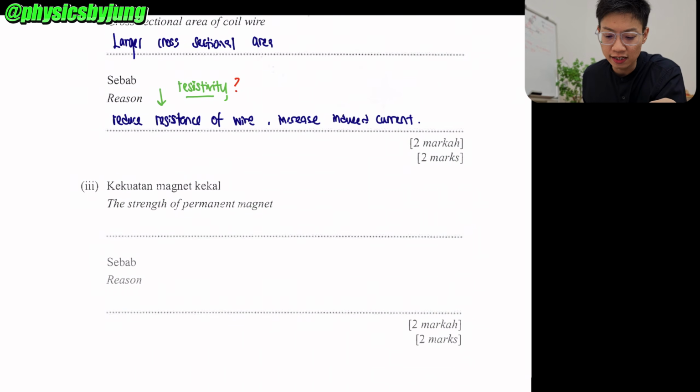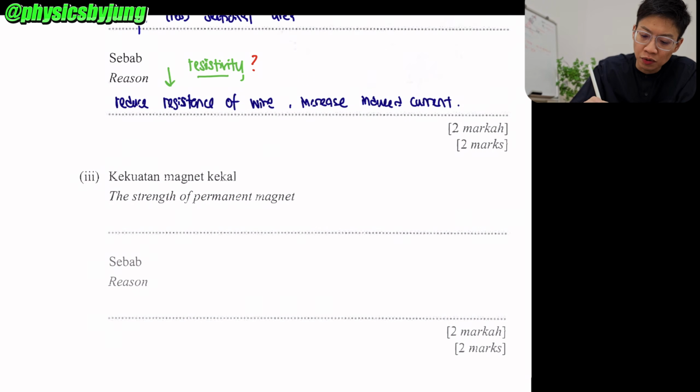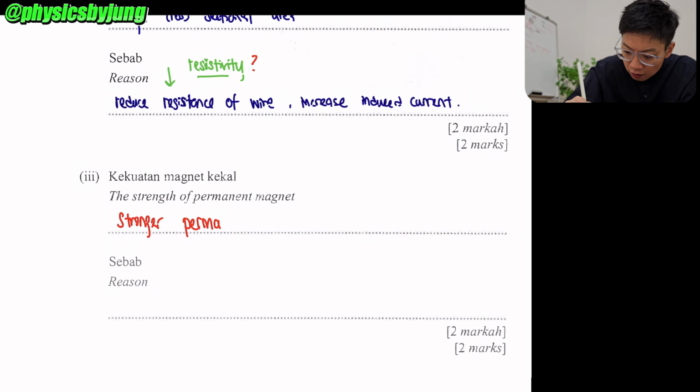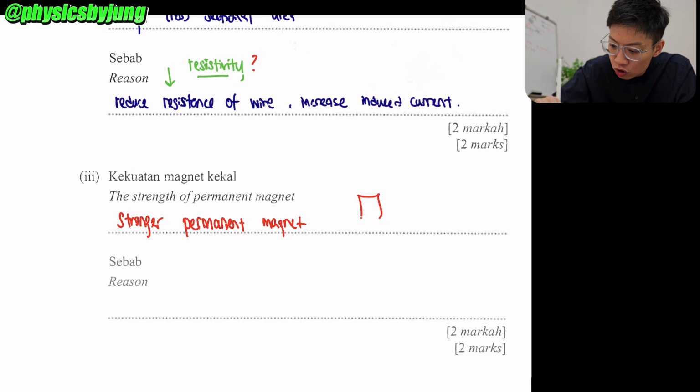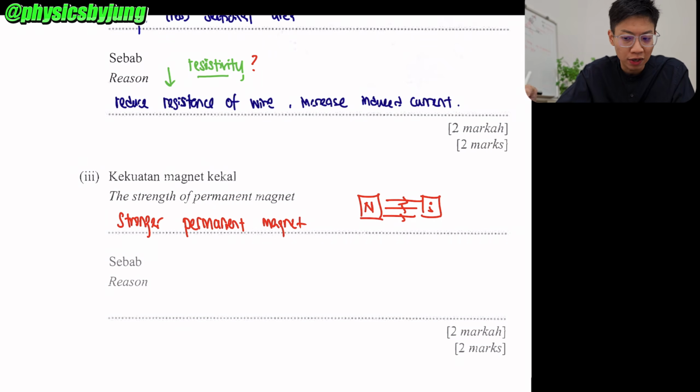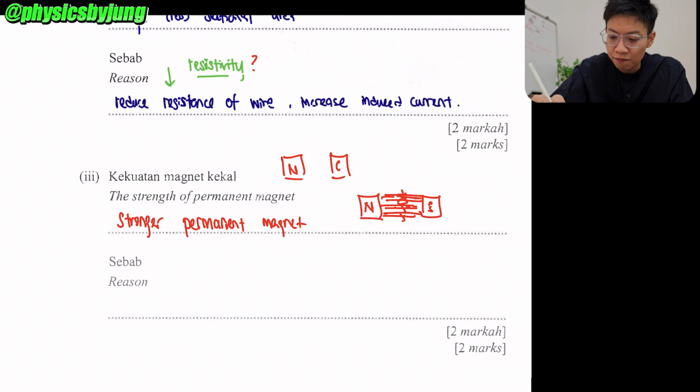And then next is the strength of the permanent magnet. So obviously we want a stronger permanent magnet. Why a stronger permanent magnet? Because the stronger your permanent magnet, the more magnetic field lines you have. Imagine now this one has 5, 6, 7 magnetic field lines. So you have a lot of magnetic field lines, magnetic flux. Versus if I've got another north-south magnet with only 2 lines like that.